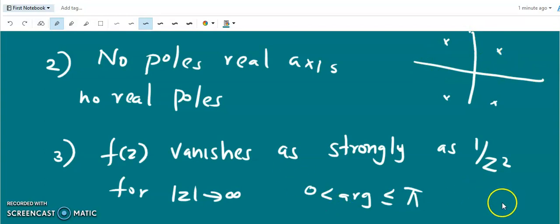So this is also in the form r e to the power i theta, but theta varies from 0 to pi for a semicircle, and r is nothing but mod z. So here we increase the radius of the semicircle up to infinity, so that f of z vanishes.